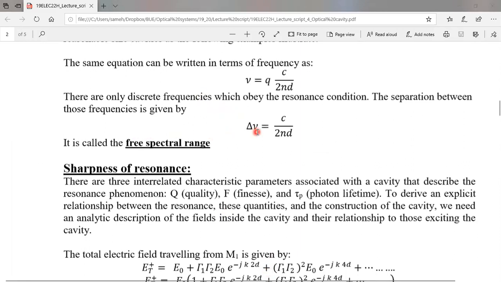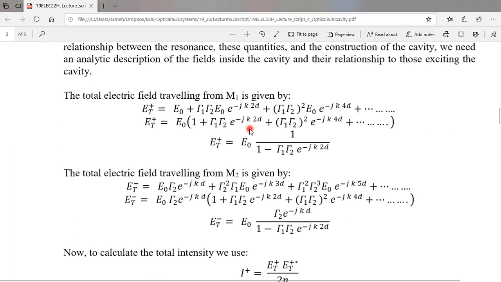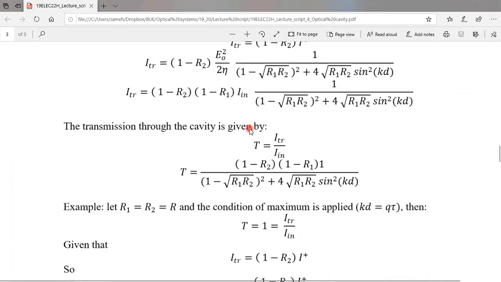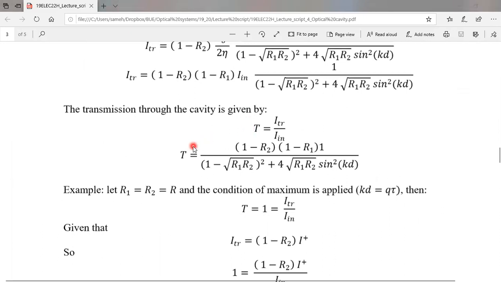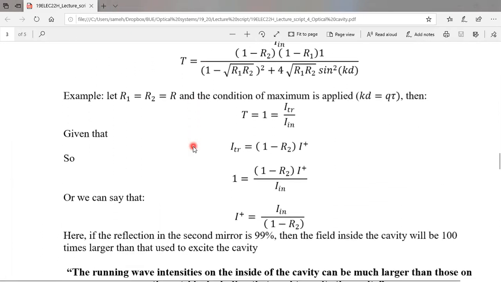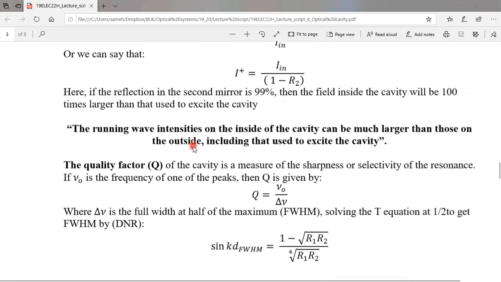Usually in the exam, I would use Δν with FSR, or free spectral range, to indicate that this is the free spectral range. However, in this case, Δν is equal to the full width half maximum, which is the same you use in communication.